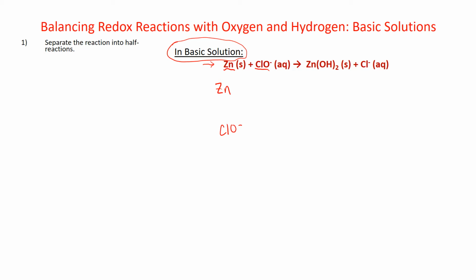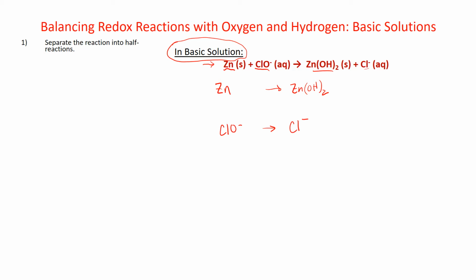And on the product side, I'm going to separate the products that I'm given by matching them up with the reactant that they must have come from. So zinc must be transformed into the zinc hydroxide product. And hypochlorite matches up with my chloride ion product.